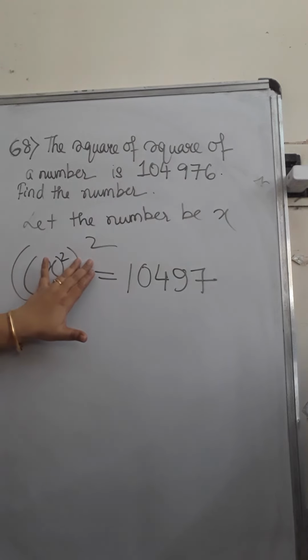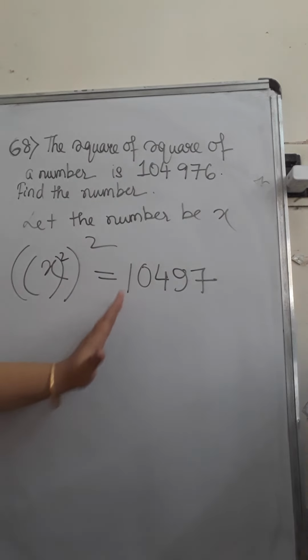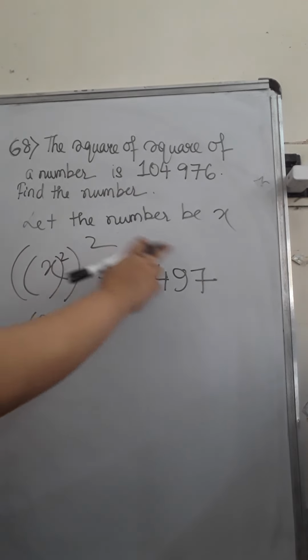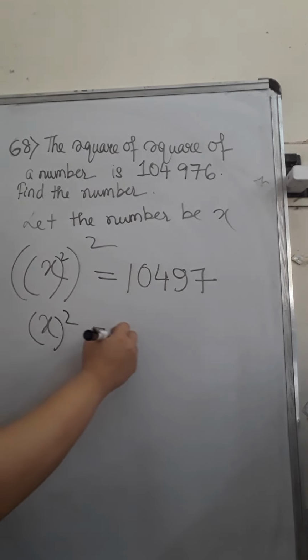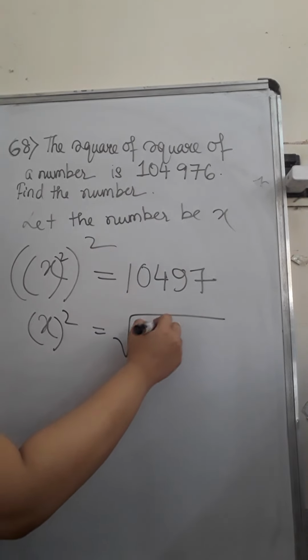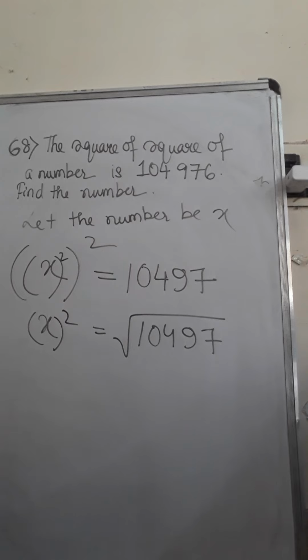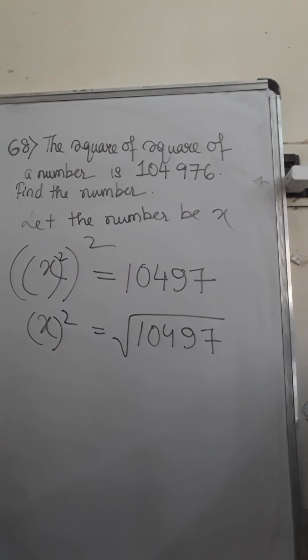Here square is given, and when you shift it, it becomes square root. So we will slowly shift one by one. First we will shift the outside square and it becomes square root of 104976. So the number is bigger and you can apply the division method in order to solve it.